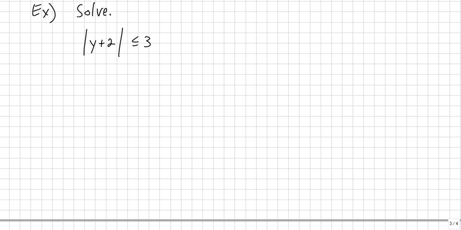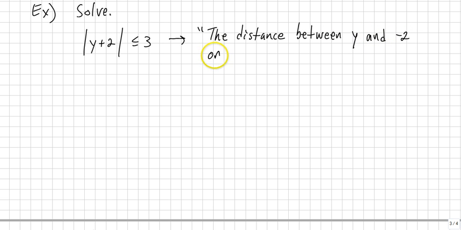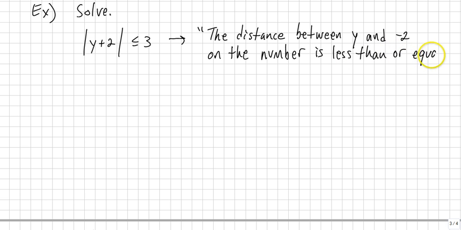So this inequality basically says the distance between y and negative 2 on the number line is less than or equal to positive 3. And then we're being asked to figure out what is y.